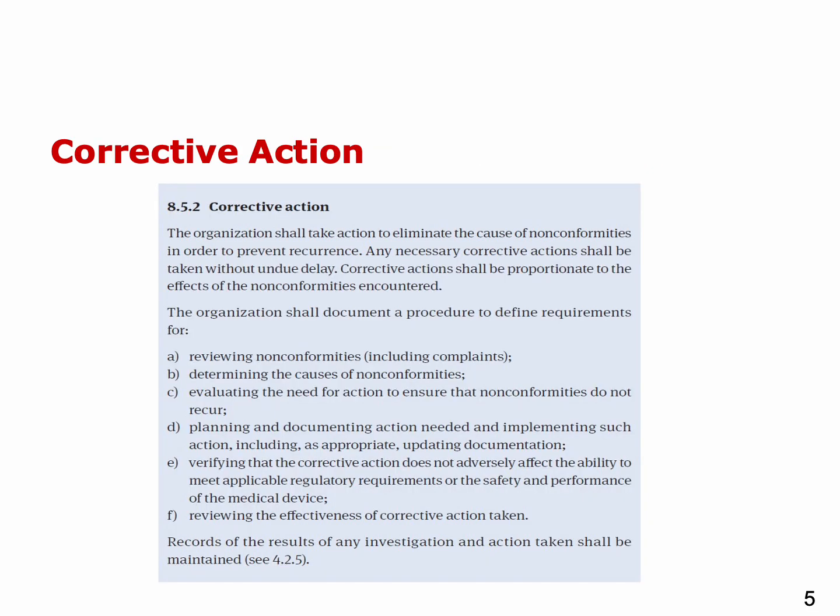Now, coming back to ISO 9001, clause 8.5.2, related to corrective actions, the organization shall take action to eliminate the cause of non-conformities in order to prevent recurrence. So any necessary corrective actions shall be taken without undue delay.